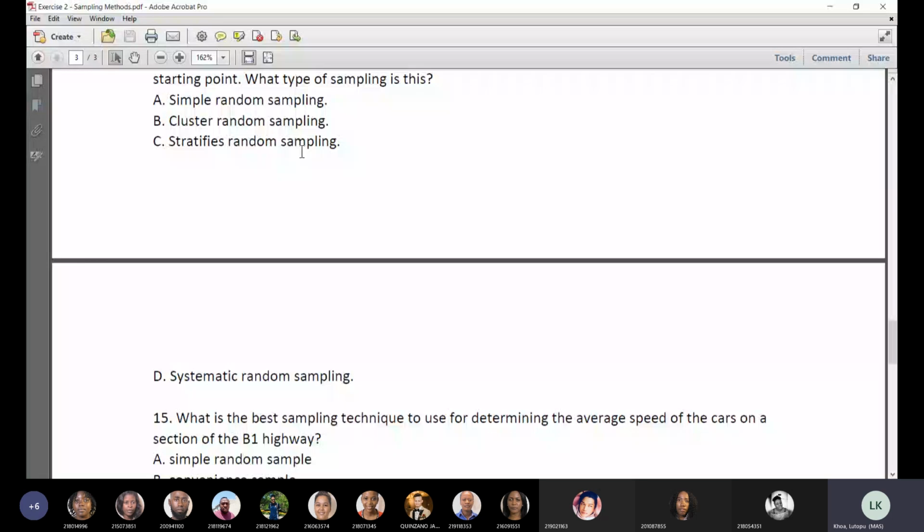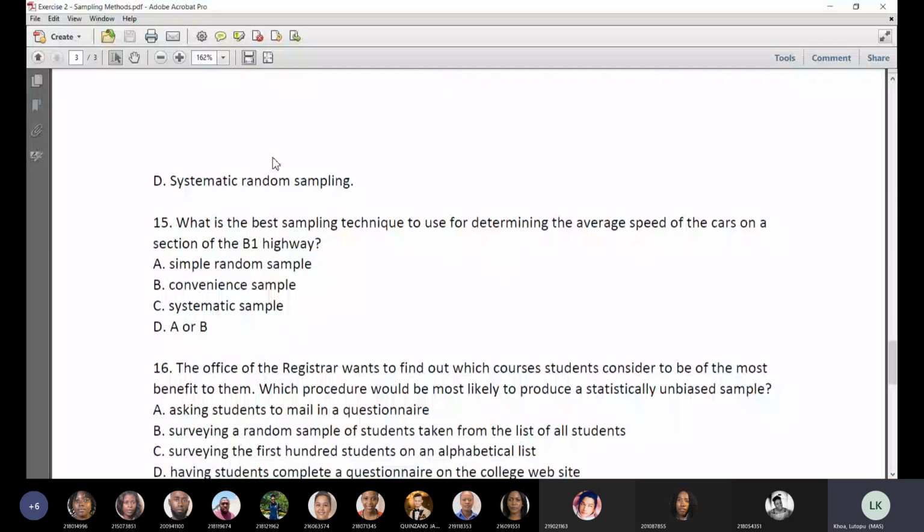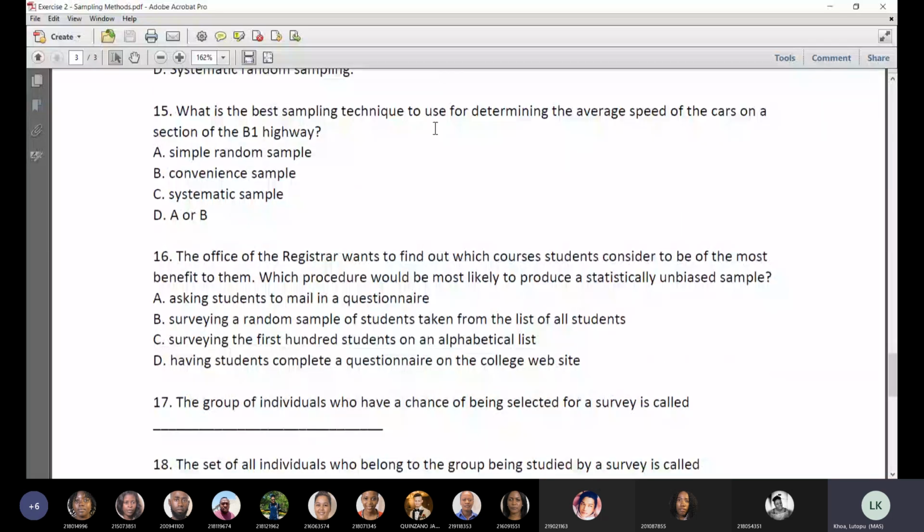15. What is the best sampling technique to use when determining the average speed of cars on a section of the B1 highway? Is it simple random, convenience, systematic, A or B? Okay, so here I'm not liking simple random, because simple random, you need a list of all the cars.